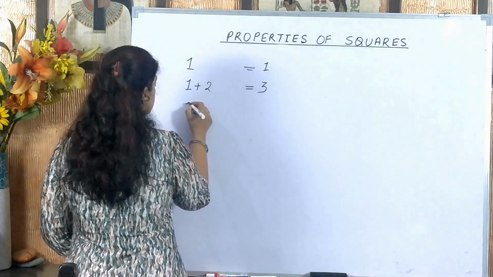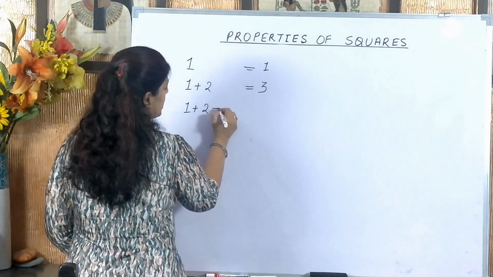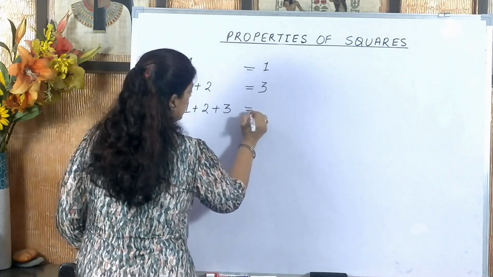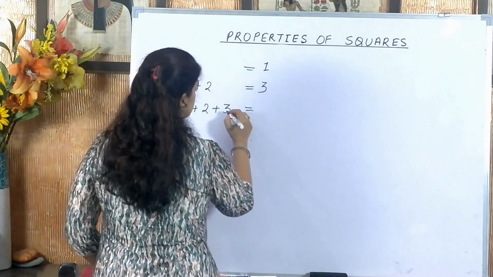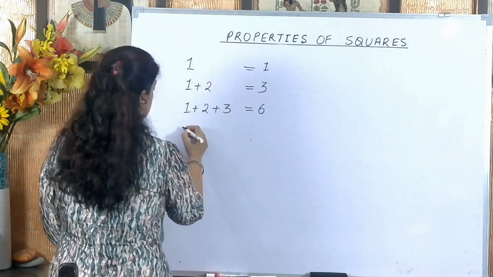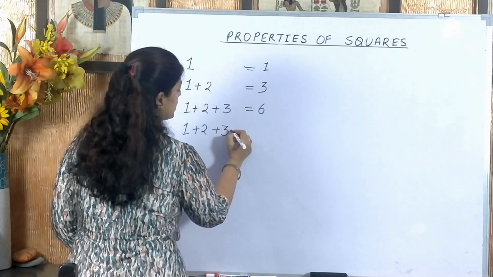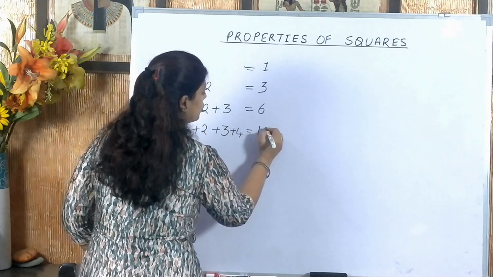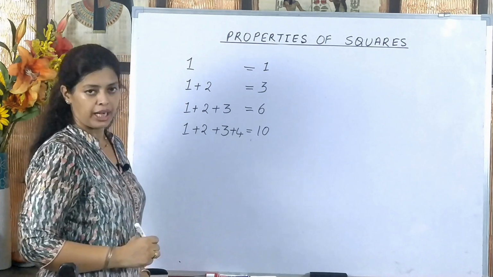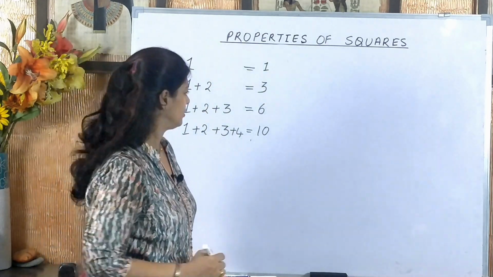Sum of first three consecutive natural numbers, 1 plus 2 plus 3, gives the third triangular number, which is 6. Then sum of first four consecutive natural numbers, 1 plus 2 plus 3 plus 4, which is equal to 10, gives the fourth triangular number, and so on.